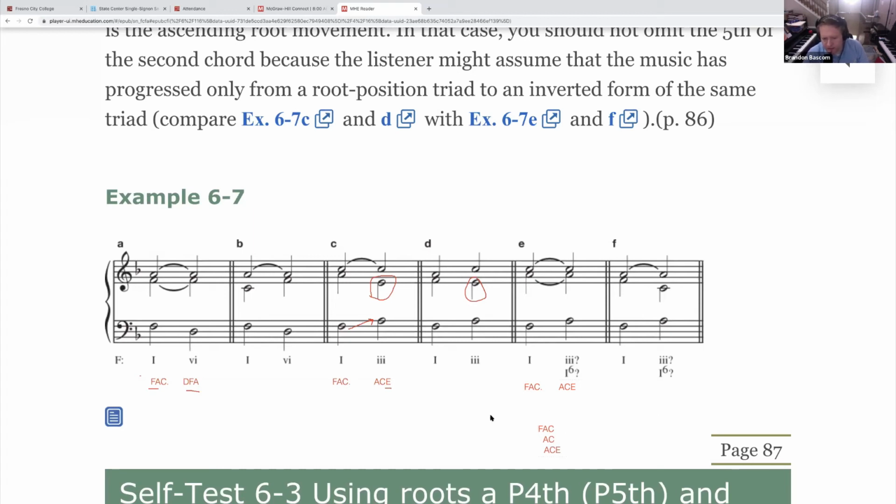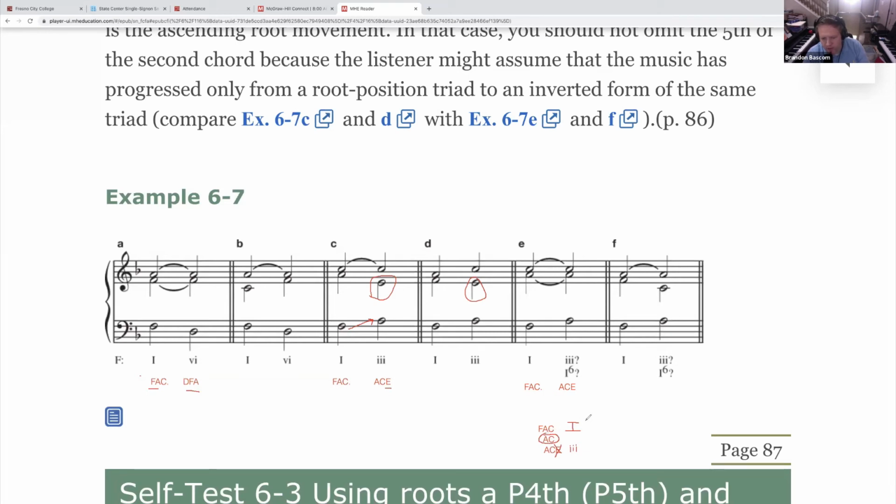What they're saying is that the 1 chord and the 3 chord share the common notes of A and C. Everybody see that? If you leave out the fifth of the 3 chord, we're not sure what chord you are giving us because we only have 2 notes.